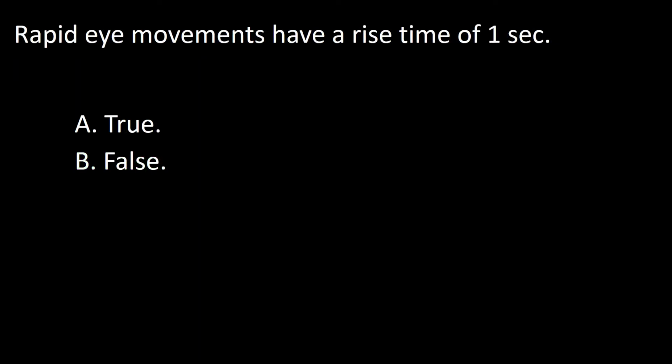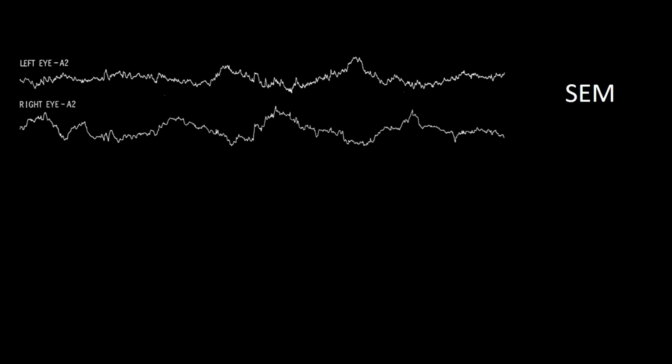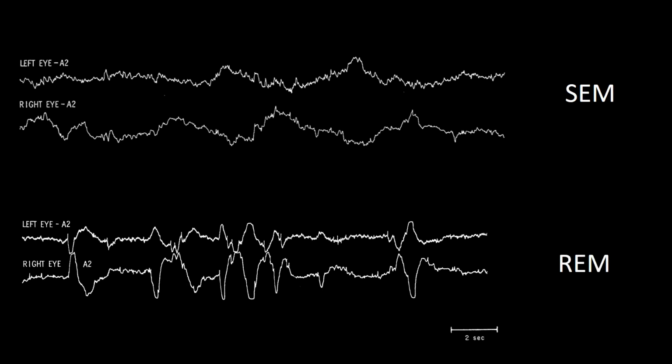Next question. Rapid eye movements have a rise time of 1 second. A true, B false. Slow eye movements, often called SEMs, and rapid eye movements, often called REMs, are easily identifiable by eyeballing them, as you can see in this frame.